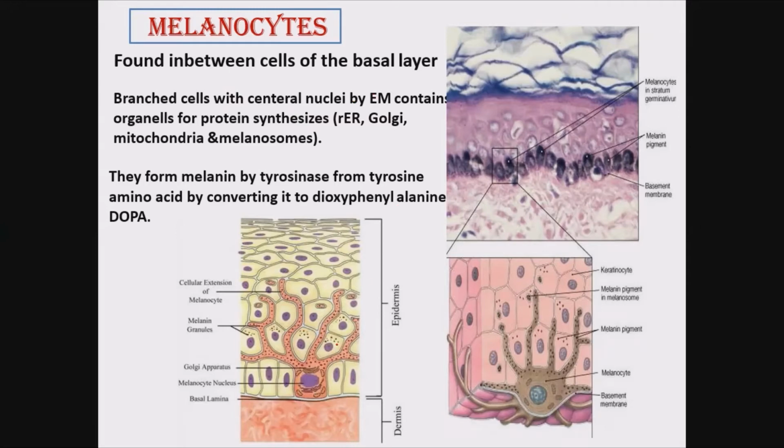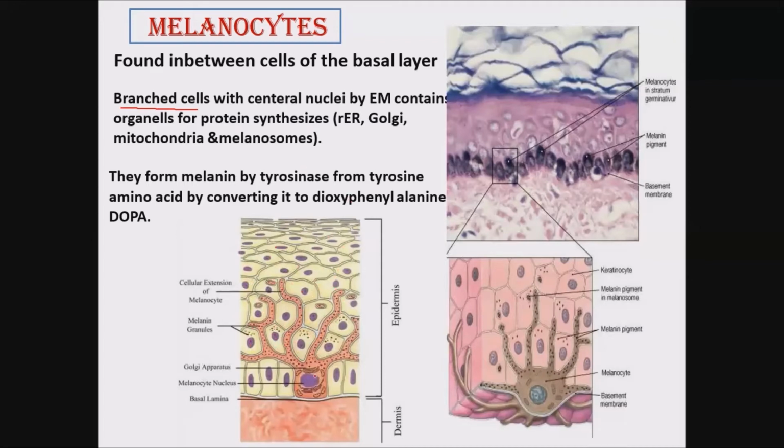Now, in between the basal keratinocytes, we have another cell called the melanocyte, which is a branched cell having lots of processes going towards the stratum spinosum layer.